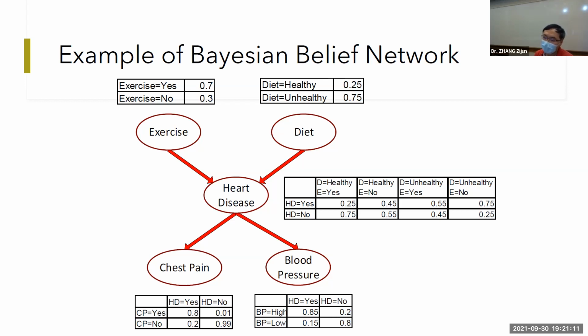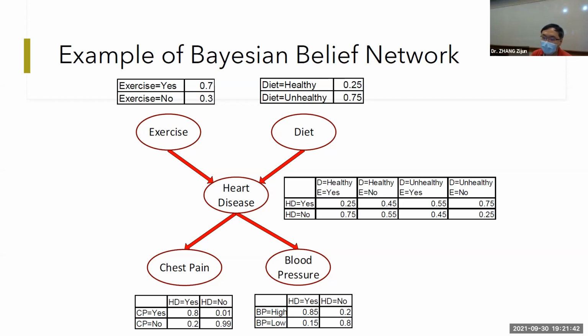It indicates whether the data record means one patient, whether the patient has heart disease. And the last 2 variables probably are the symptoms related to heart disease, whether the patient has chest pain, and what is the category of the blood pressure, high or low. Okay, so they are all categorical variables.